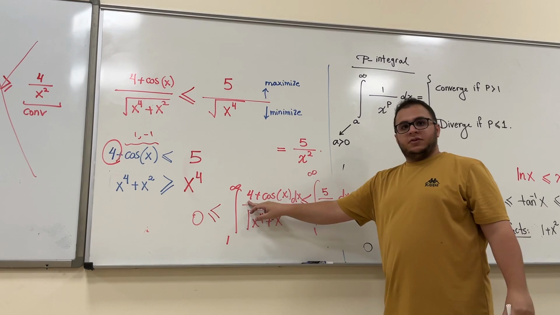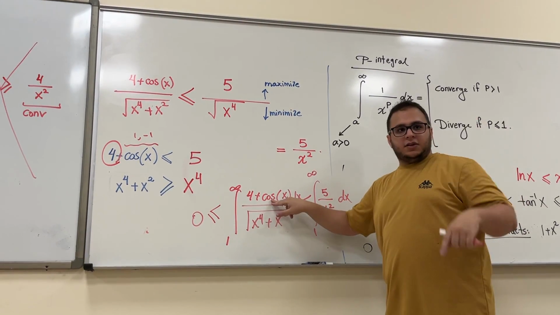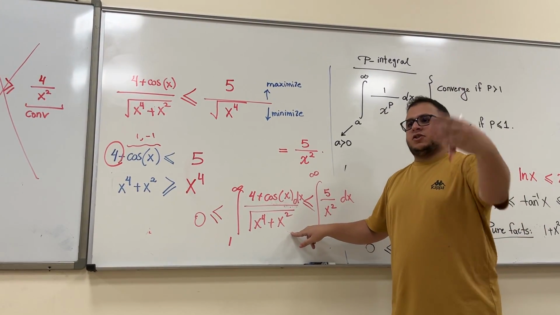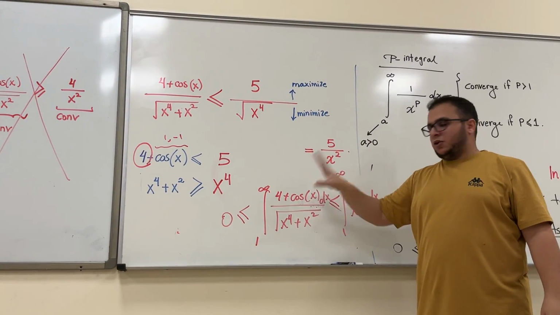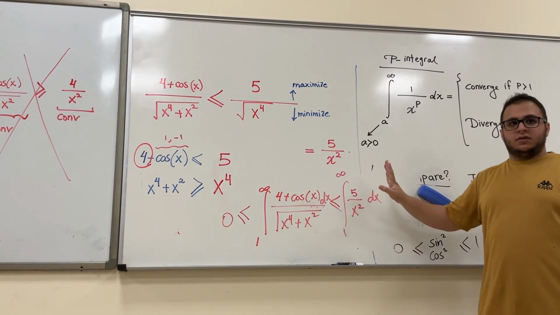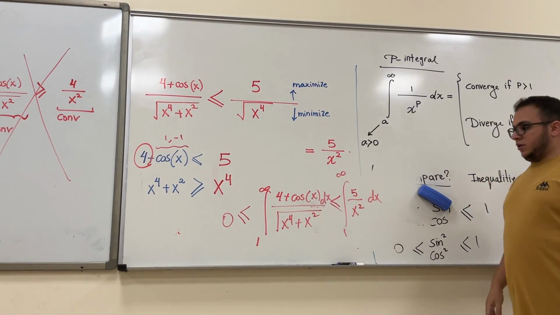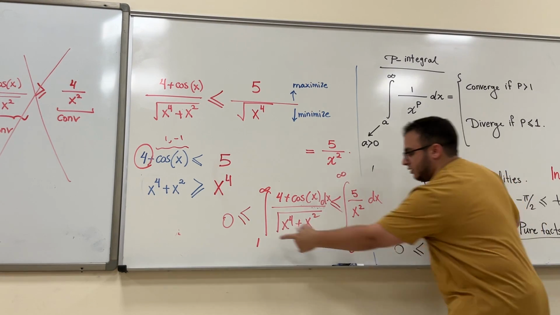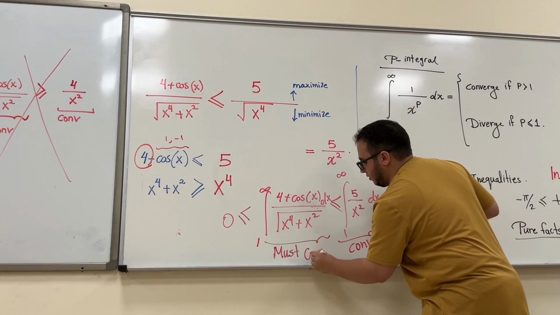Because this is positive, just between 5 and 3, and this is a root of positive plus positive, which is positive. The integral of any positive function is positive. If you don't understand this, you can just put it. It's fine. But this is a positive function overall. So since this is convergent, and this is larger than 0, this must converge.